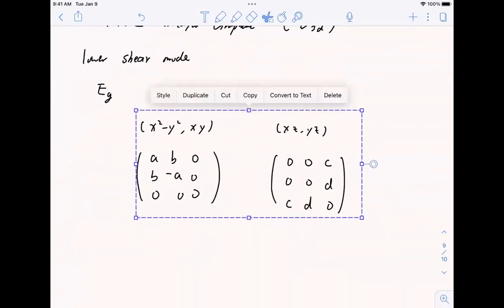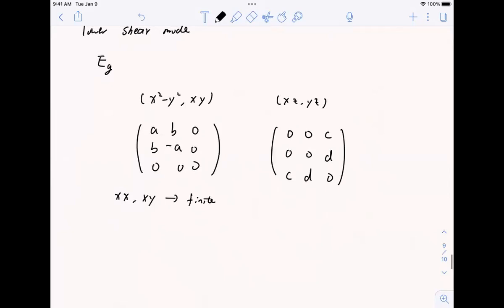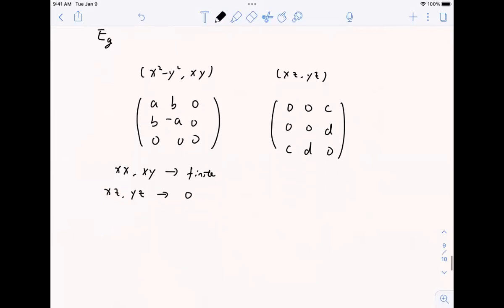Both of these are true. For this one, you can already see that xy is going to be finite, then xz is going to be 0, and yz is going to be 0.